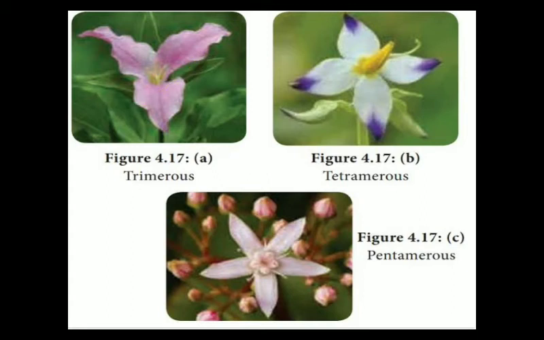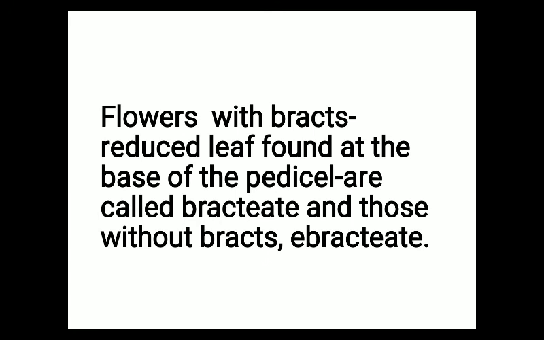If the floral appendages like petals, sepals, stamen, carpel are in multiples of 4, then such a flower is known as a tetramerous flower. And if the floral appendages are in multiples of 5, then such a flower is known as a pentamerous flower. In this diagram, trimerous, tetramerous and pentamerous flowers are given.